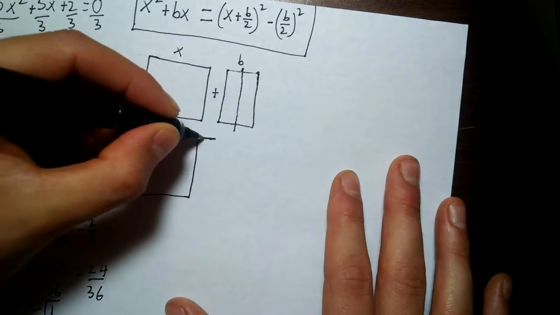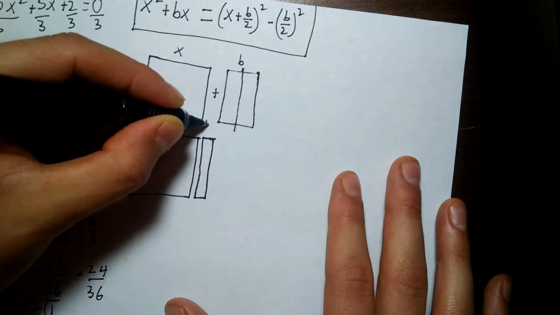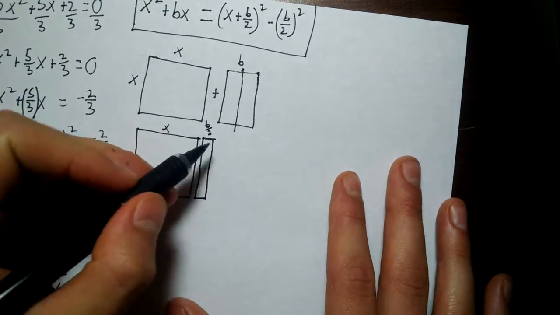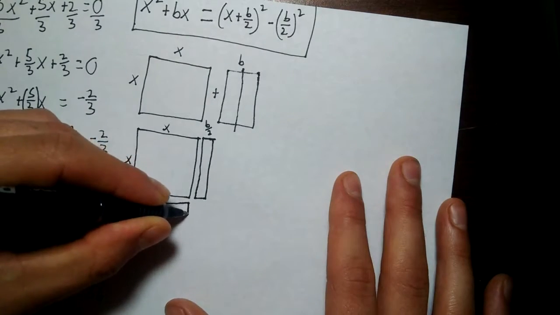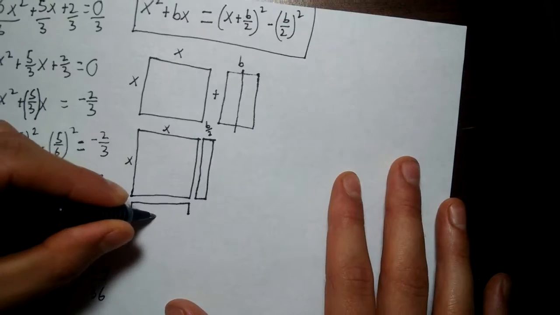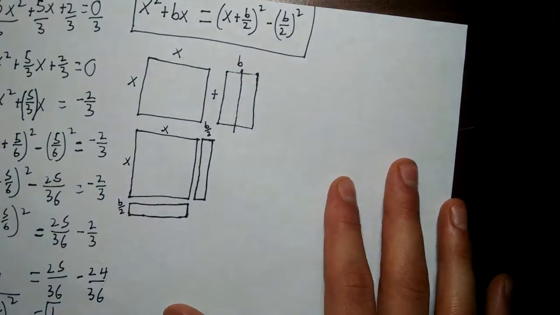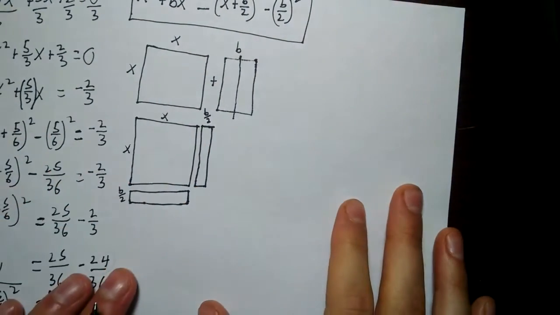And so now we have this piece here, which is, of course, b over 2. It's half of b in its length, and the other half, put here. And this is not to scale, as one of my professors used to say all the time. Not to scale. Okay, so now we've come close to writing this as a perfect square, right?